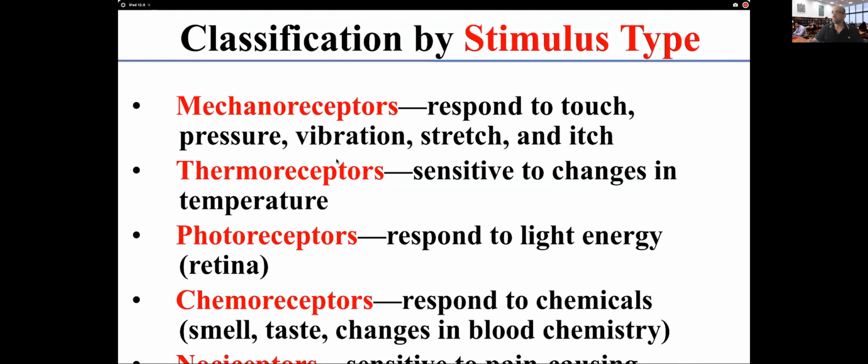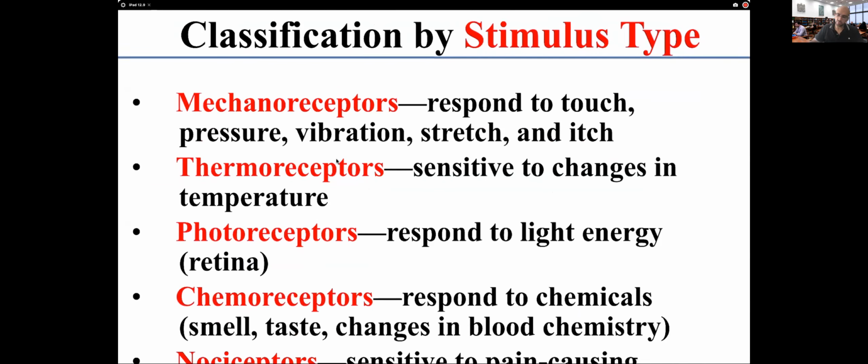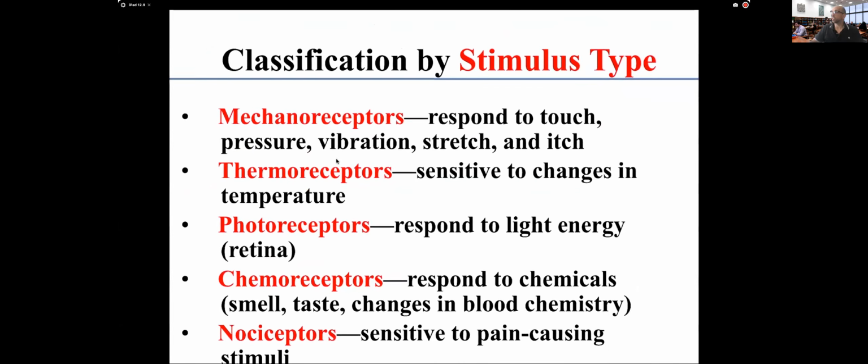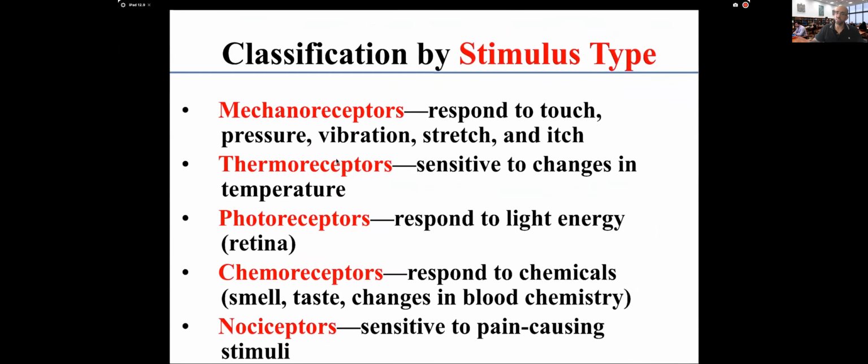We classify the receptors according to the type of stimulus they are detecting. So receptors which are detecting touch, pressure, vibration, stretch, or itch, we call those mechanoreceptors.